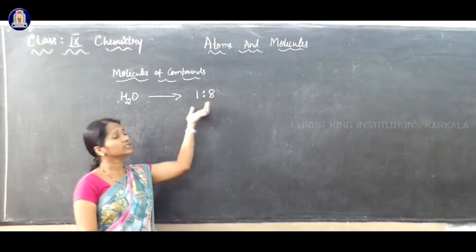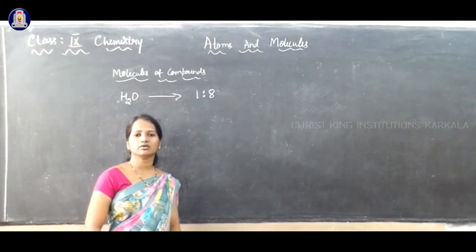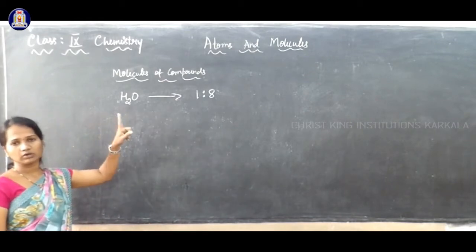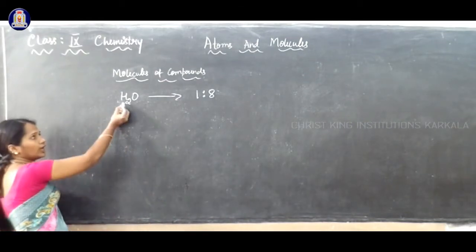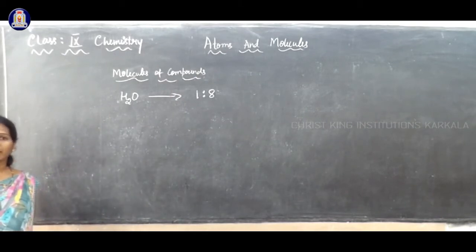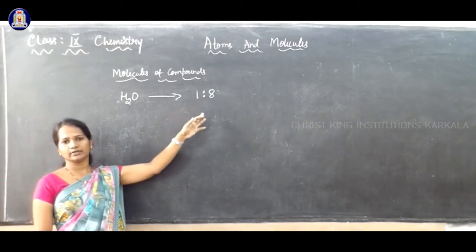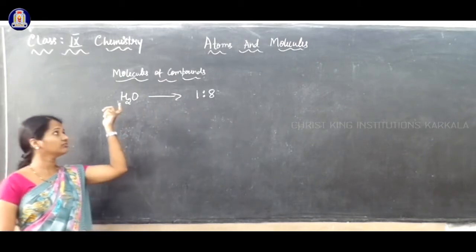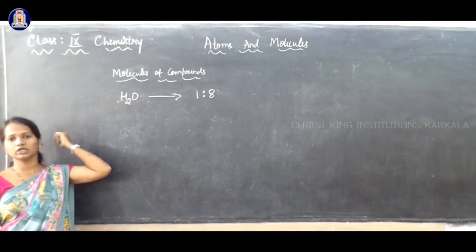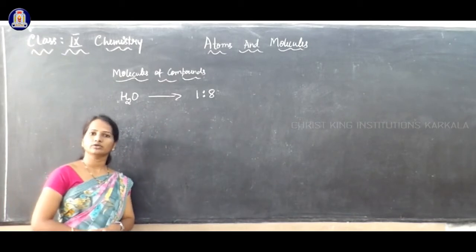So this 1:8 ratio is what I discussed in the beginning of the lesson. So water is a molecule. 1 molecule of water contains 2 hydrogen atoms and 1 oxygen atom. They combine chemically in the ratio of 1:8. The ratio of hydrogen and oxygen in a molecule of water is 1:8, and we get a water molecule.